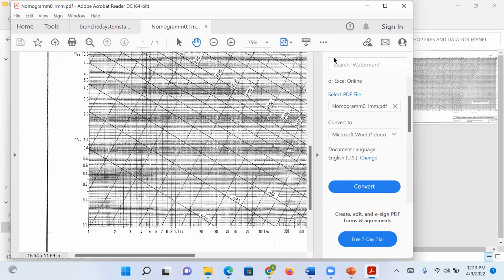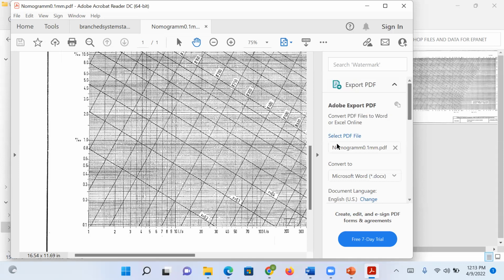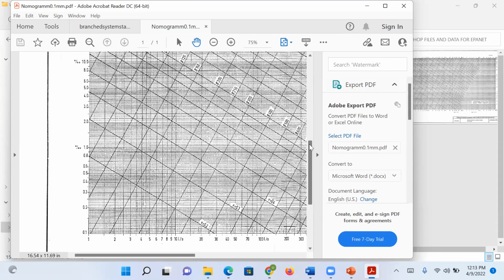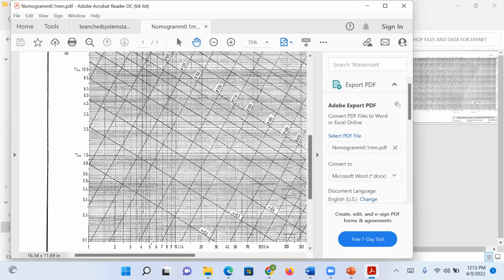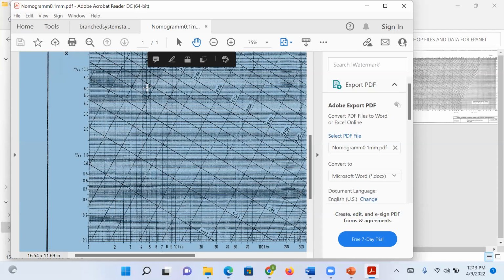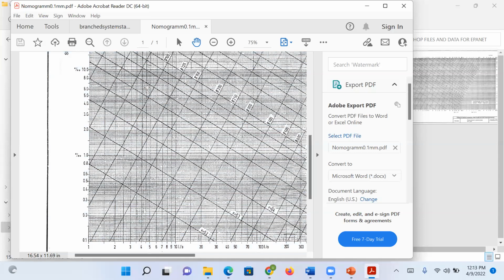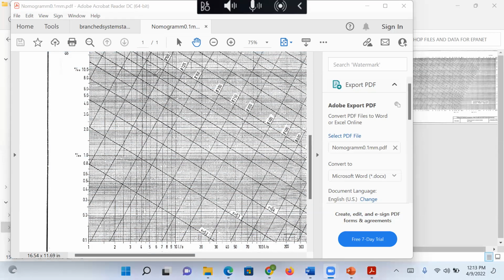5% is falling between two pipe sizes. I'll choose the bigger of them. So under 5, which is 4.61 anyway, I'll go up. Five.